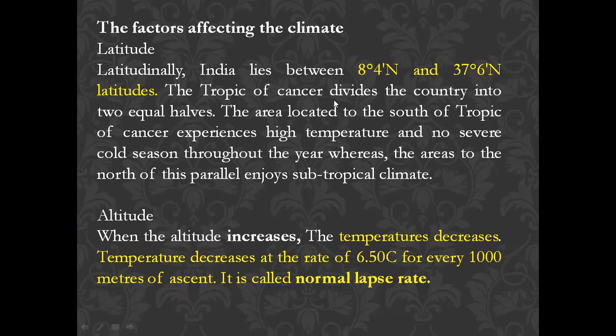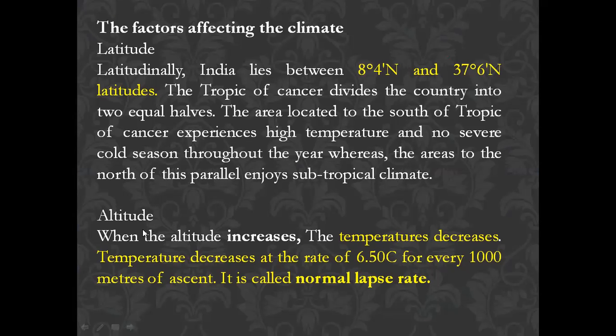Due to India's location in these latitudes, its climate changes, especially around the Tropic of Cancer. The Tropic of Cancer divides India into 2 equal halves. Some parts of India have a high temperature and some parts have a chilly temperature. That is the factor latitude.